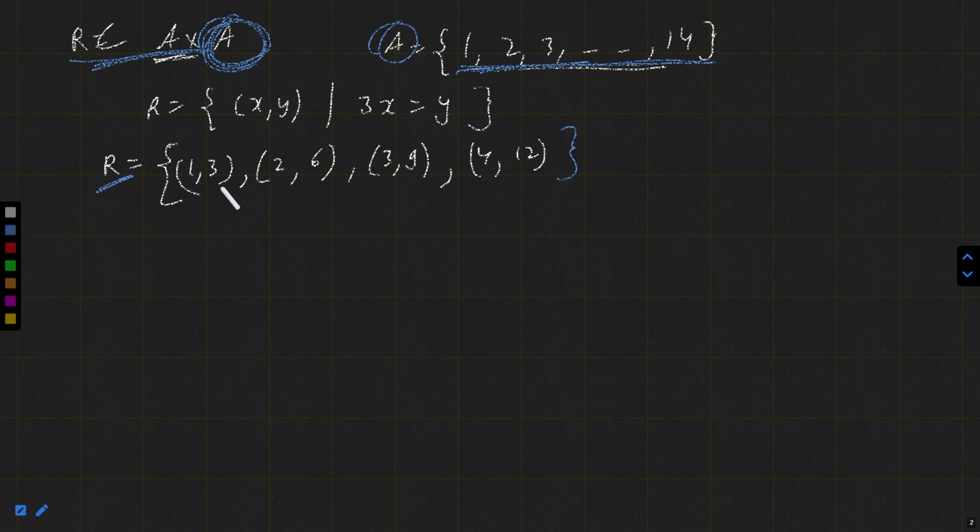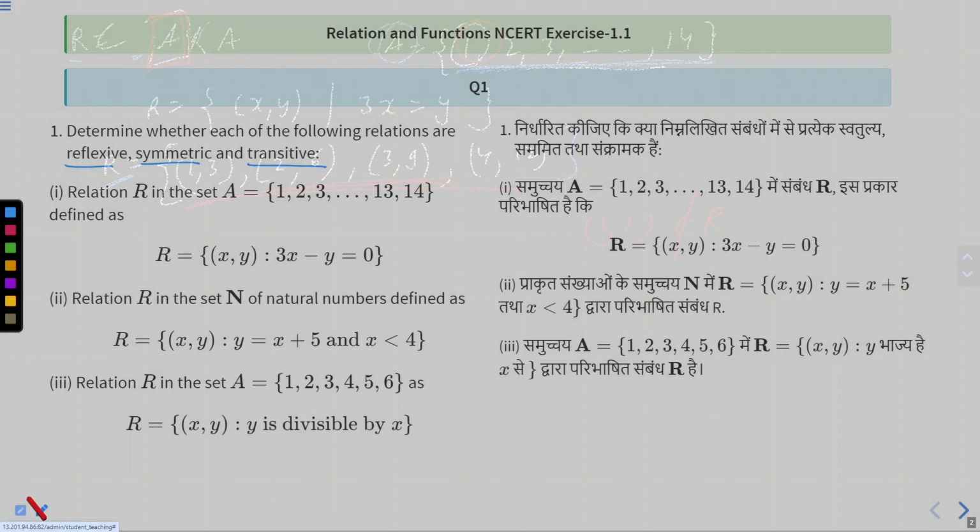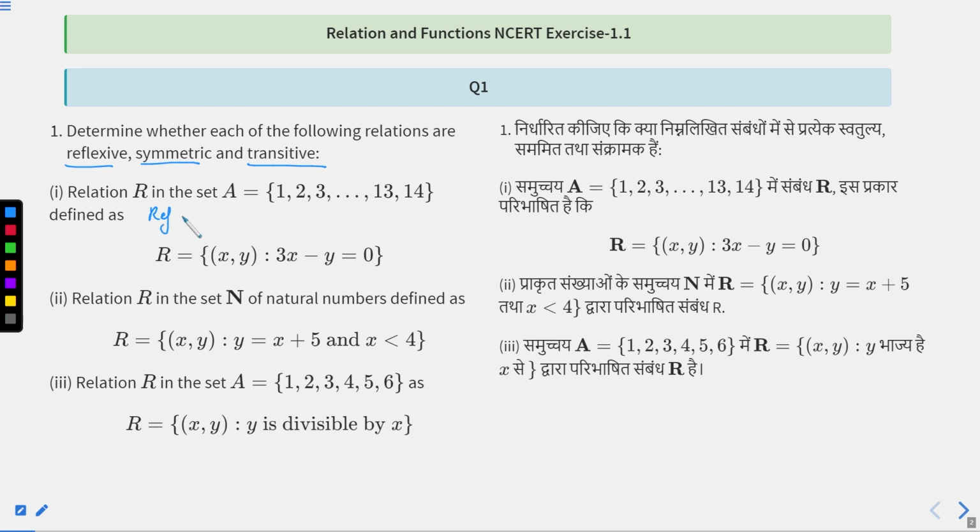So here, is this reflexive? No. Why? Take any element from the first set in the Cartesian product, say 1, then 1 comma 1 must also belong to R. As you can see, 1 comma 1 does not belong to R, so it is not reflexive.